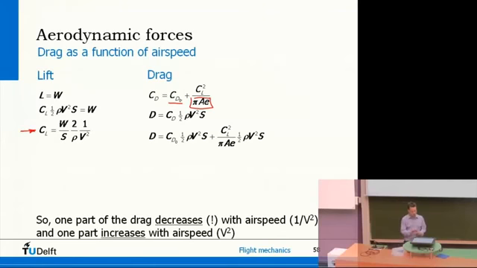So I've just taken the top equation and filled it in here, and now I get two portions to the drag relation. I have CD0 times half rho V squared S, and I have this funny factor, CL squared, times half rho V squared S. Now, we already know that for a given airspeed we need a certain lift coefficient, so we already have a relationship for the lift coefficient.